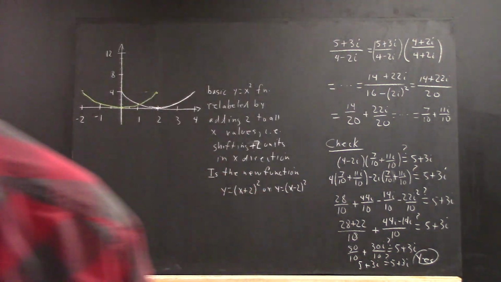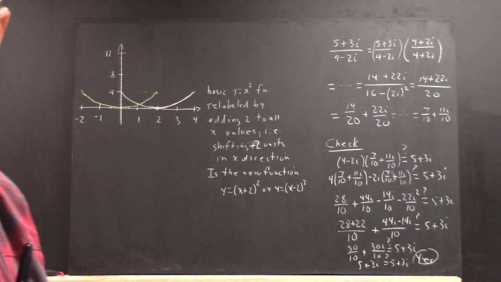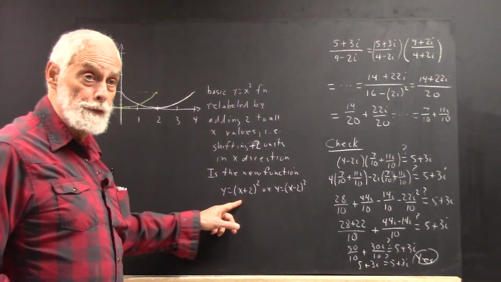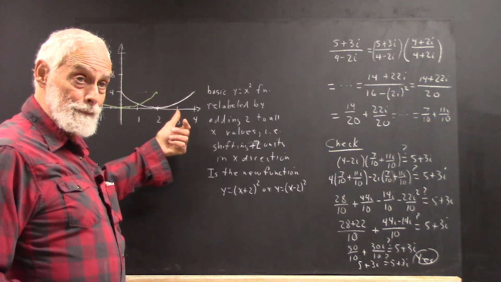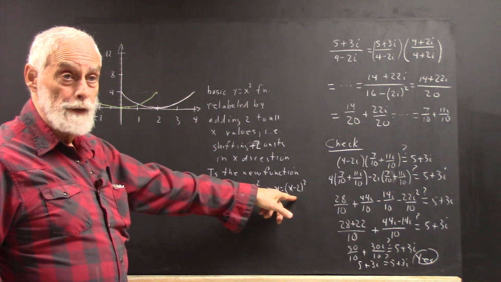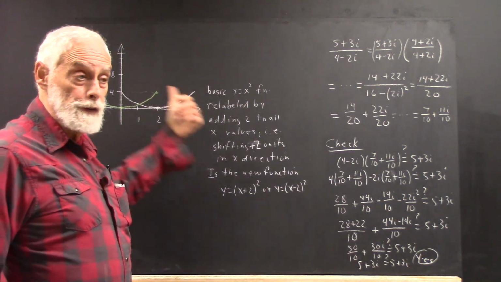How can you test it? Well, you can plug a value of x into this function and see if it fits this graph, or a couple of values of x. You choose a couple values of x, plug into this function and see if it fits this.